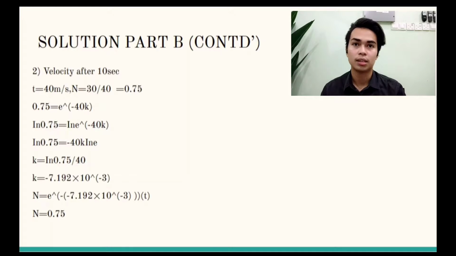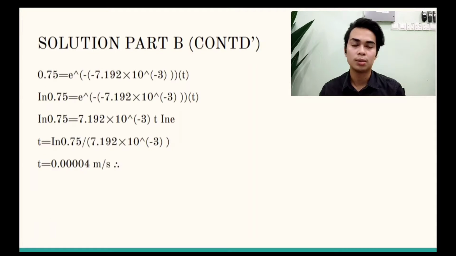Then the second thing we need to do is substitute the initial velocity, which is 40 meters per second, and N, which is the division between 30 and 40 meters per second, into the equation, and it becomes 0.75 meters per second. Substitute and it becomes 0.75 equals exponent to the power of negative 40k.